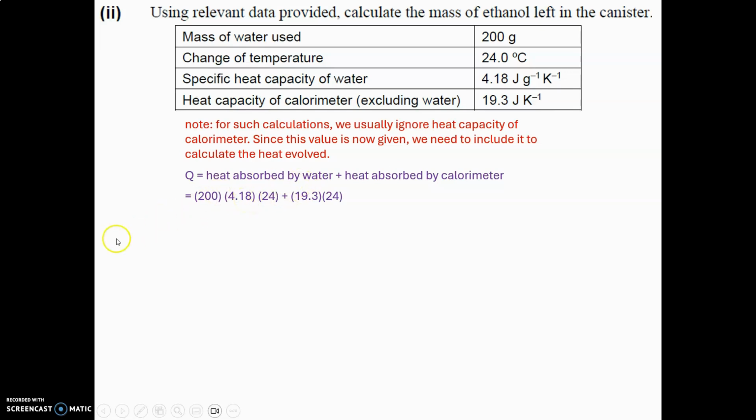The temperature change or temperature increase is 24 degrees Celsius. And the heat absorbed by the calorimeter is just its heat capacity multiplied by temperature change, so 19.3 times 24. So the total amount of energy released is 20,500 joules.